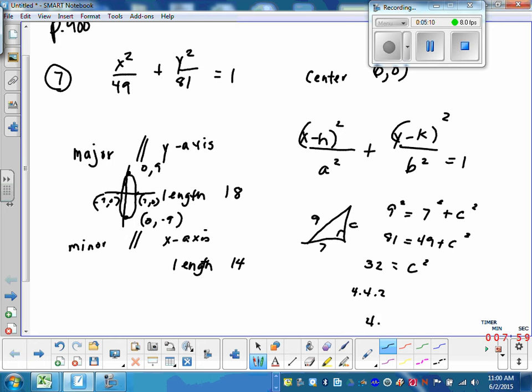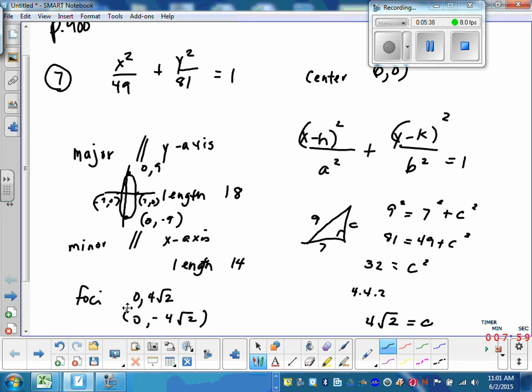So this is going to be 4 square roots of 2 is equal to C. So the foci are going to be up and down this time because of the A being under this. So the foci are going to be at 0, 4 square roots of 2, and 0, negative 4 square roots of 2.